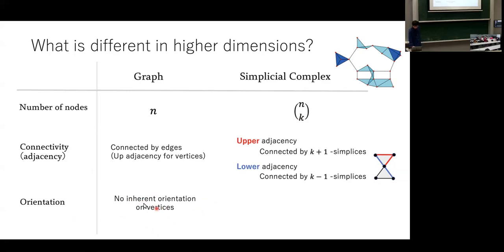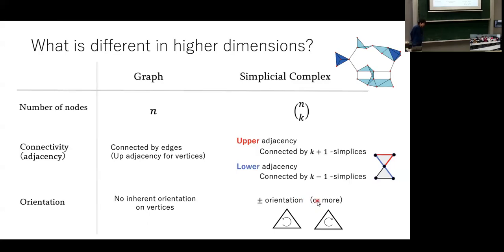For graphs, there is no inherent orientation on vertices, but for simplices, there can be a different choice of orientation. Basically, we can assign a plus or minus orientation for k-dimensional simplices, but maybe we can consider more complicated orientation.